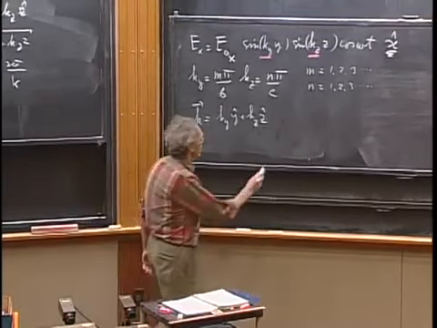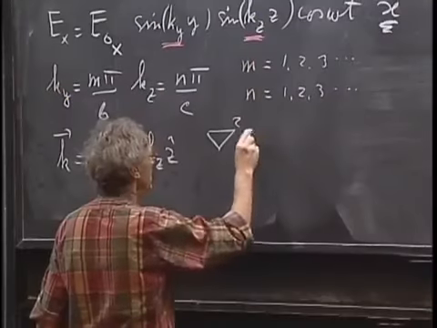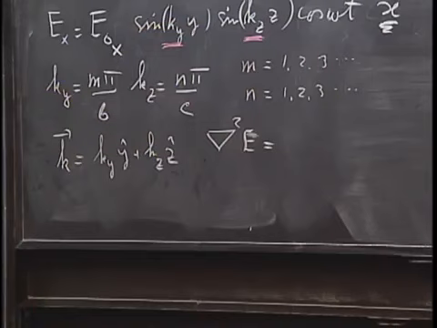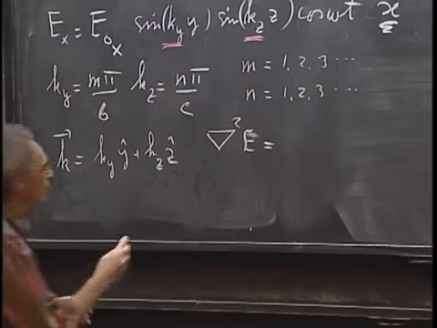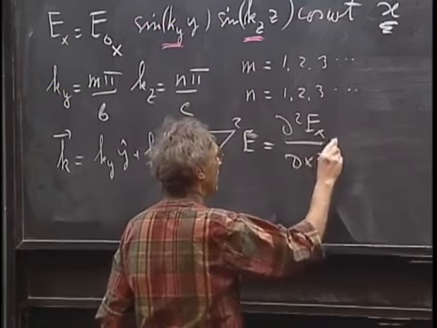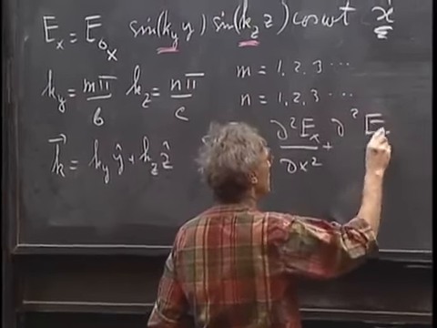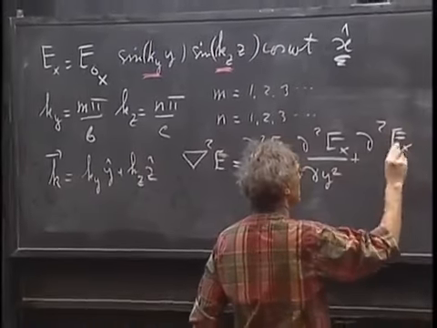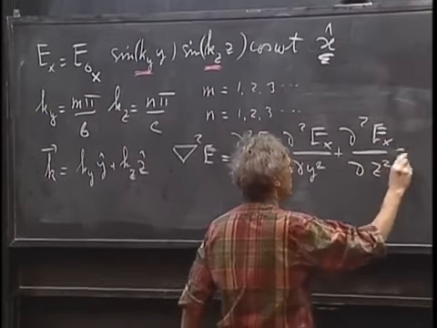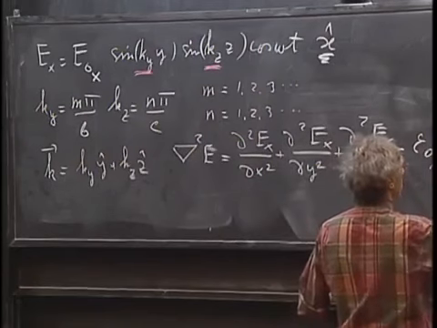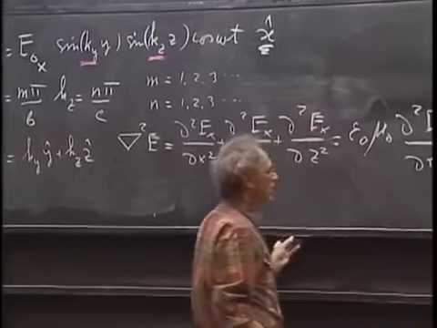The wave equation, del squared E, if I apply the wave equation now only to the x component, of course we should also apply it to the y and the z component, I only do it now to the x component, then we get d2 Ex dx squared plus d2 Ex dy squared plus d2 Ex dz squared equals epsilon 0 mu 0 times d2 Ex dt squared. That's now the wave equation.